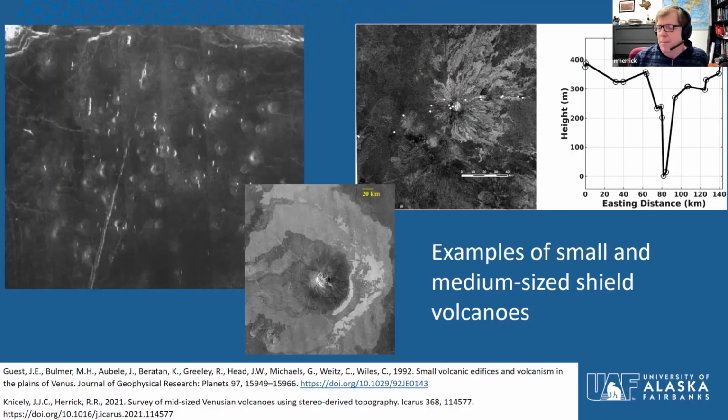Okay, so moving down in size, there's a variety of different types of volcanoes that occur in what the Crumpler et al. catalog has as mid-sized volcanoes, which really are also still pretty large by terrestrial standards.